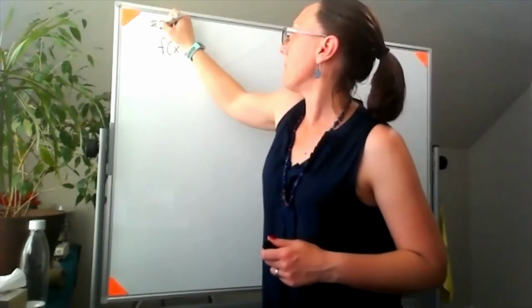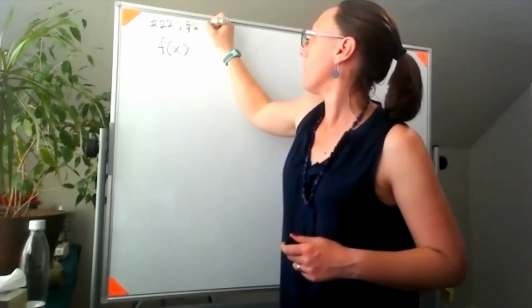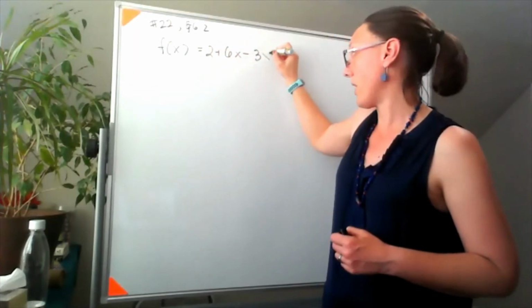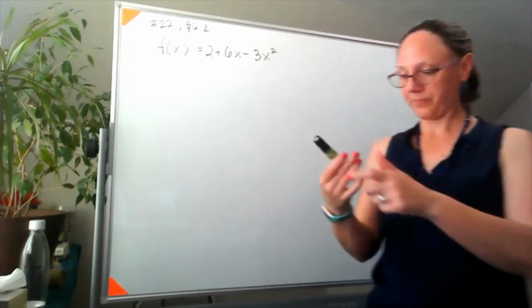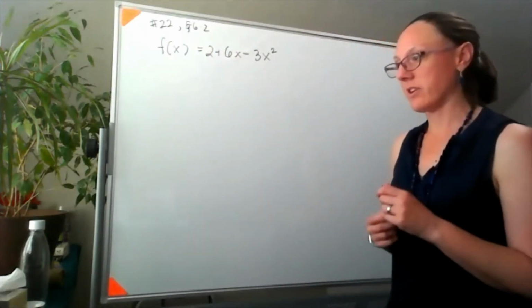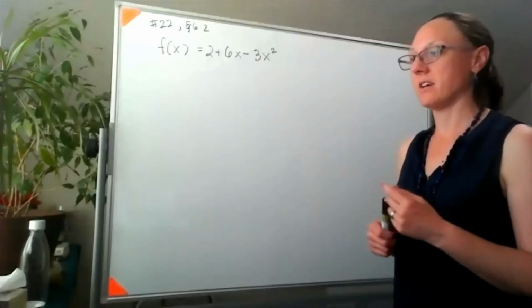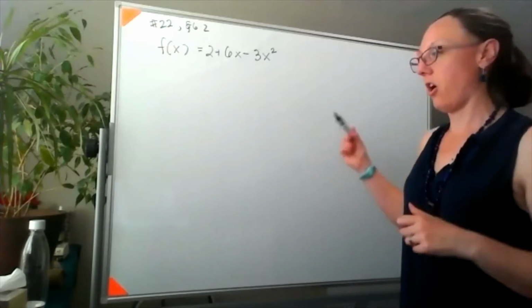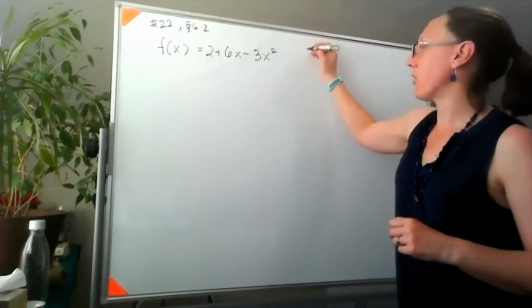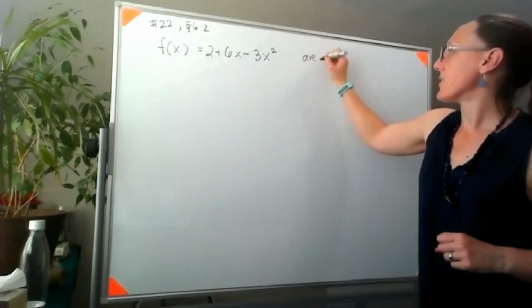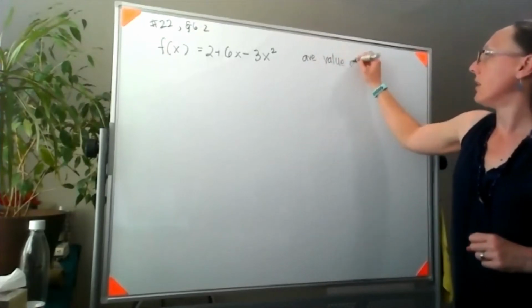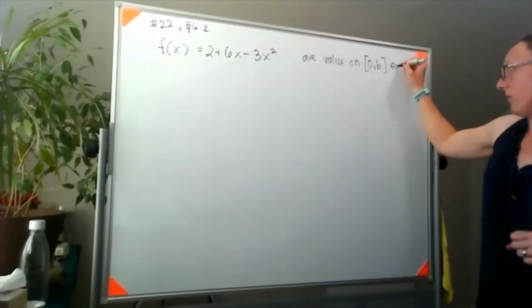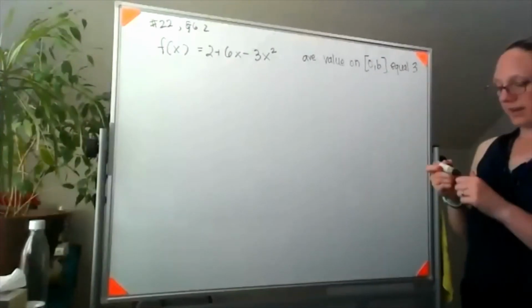F of x is equal to 2 plus 6x minus 3x squared. And we are being asked to find numbers b such that the average value on the interval from 0 to b, so we want the average value on 0 to b equal to 3.